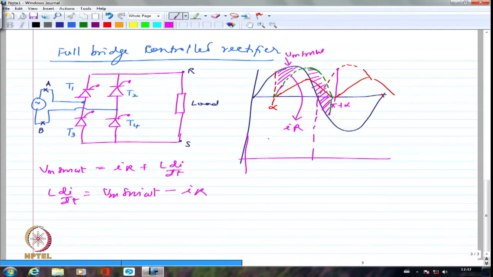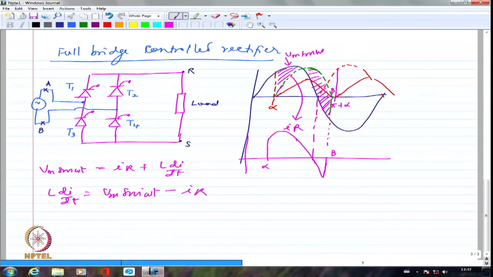It starts at alpha and goes completely like this, and if I call this angle beta, it goes until beta. This is how the voltage waveform is going to be for one half cycle. It starts from alpha, goes through pi and into the negative direction until beta.